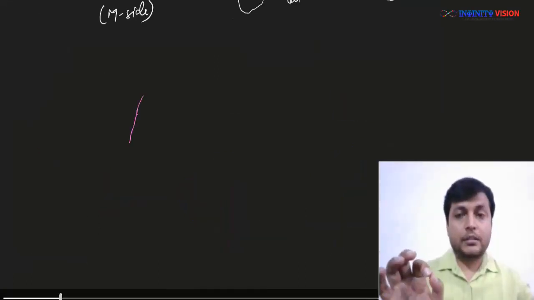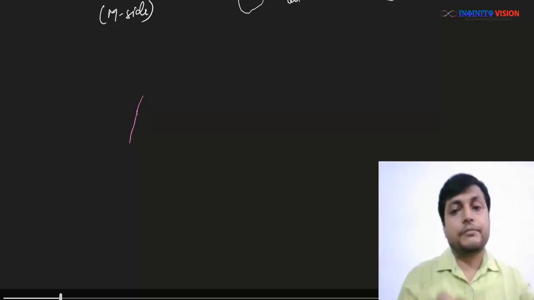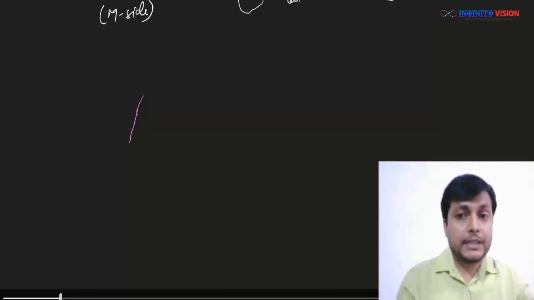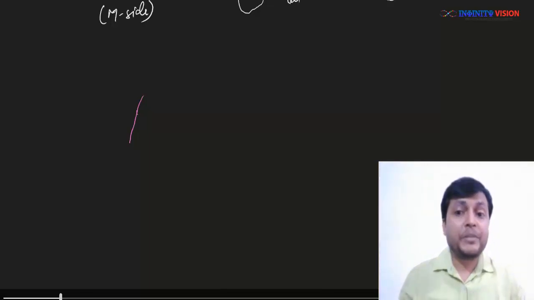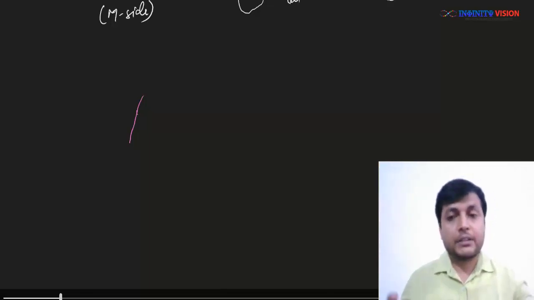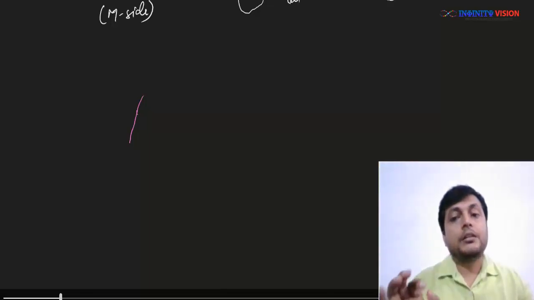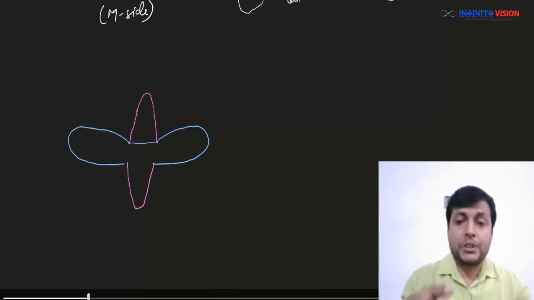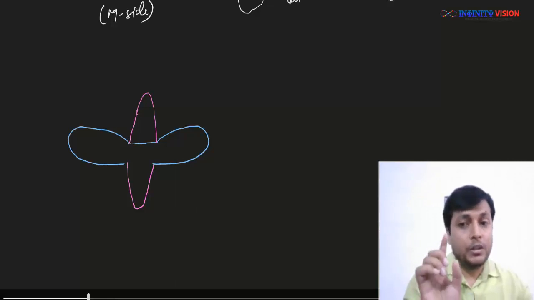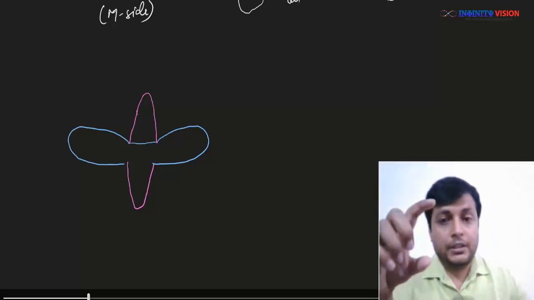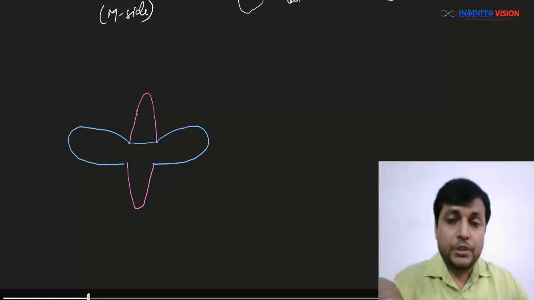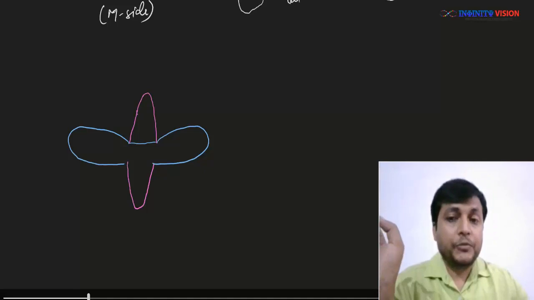Now let's draw a fully developed embryo or a matured embryo in detail to understand the different structures within an embryo. For that, here we are again taking a dicot embryo. So let's draw. What I am drawing in pink is the matured embryo structure. What I'm drawing here in blue are the cotyledons.